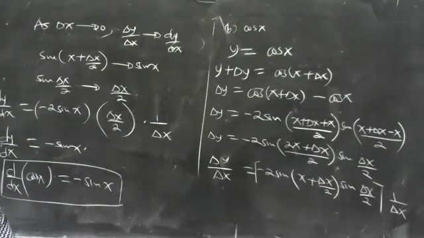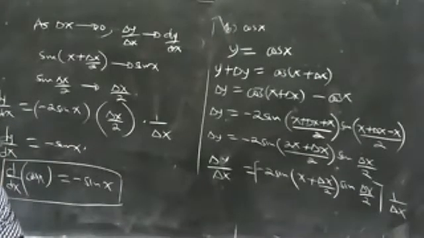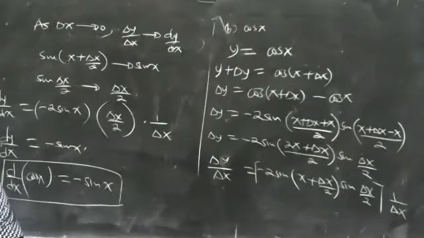On that part of dy divided by dx is equal to brackets negative 2 sine of x plus change in x divided by 2, sine of change in x divided by 2, brackets, 1 multiplied by 1 out of change in x.